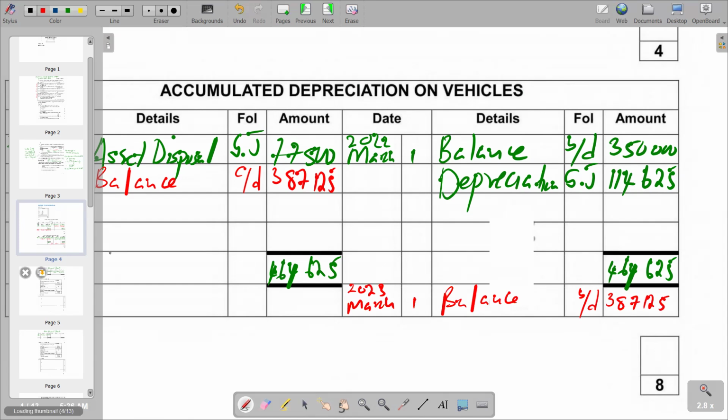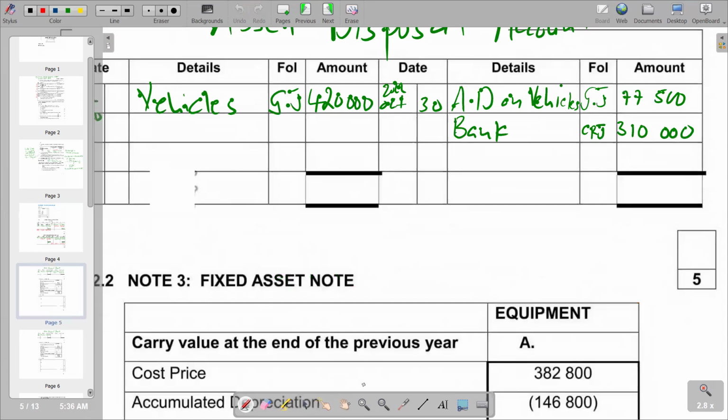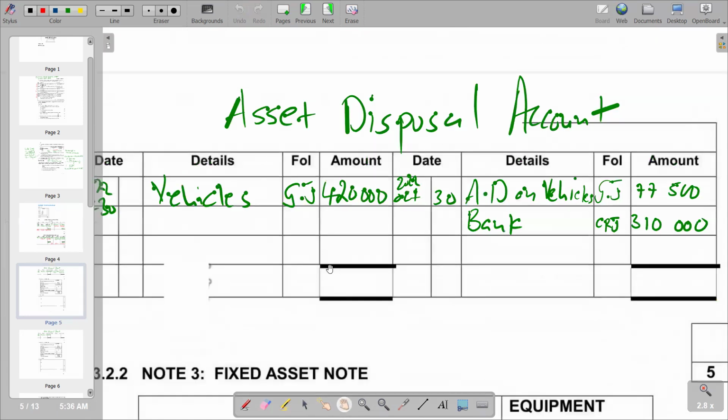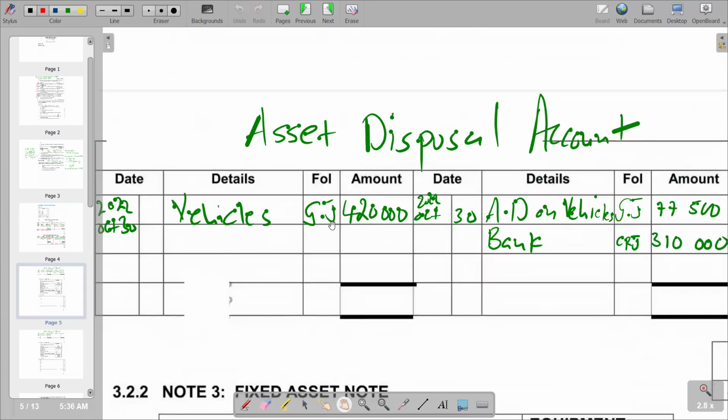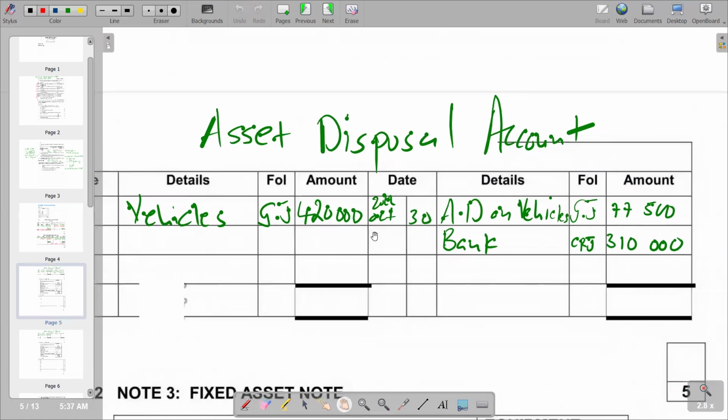Then we have the last part, which is our disposal. Again, we do the same thing. We have to see which total is greater. If you look at it, you're going to see that the debit side has a greater total of 420,000, which comes in between the double lines.